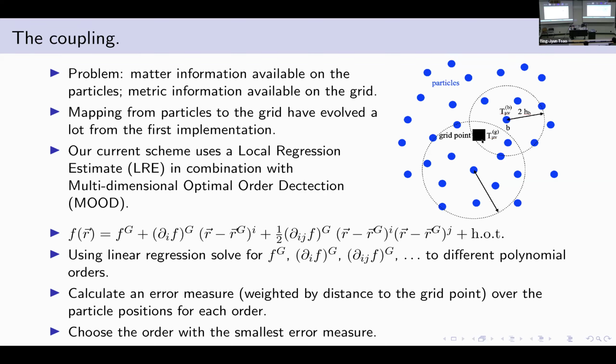Unfortunately, it doesn't work in all cases, because sometimes when you have a grid point close to the surface of a star, then you mostly have particles on one side, and this can become very inaccurate.